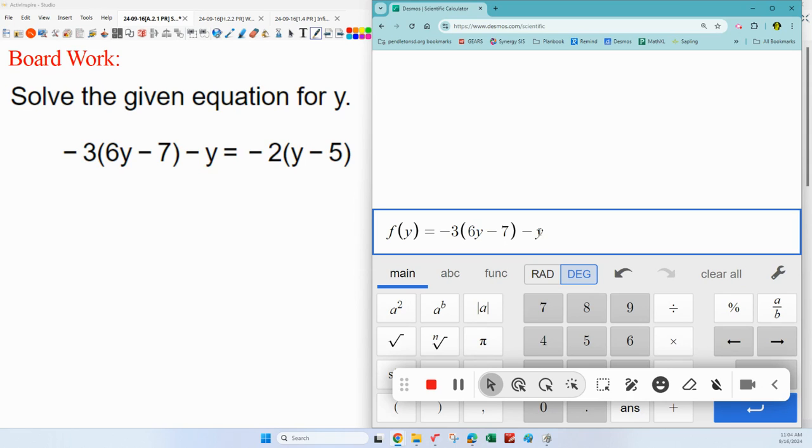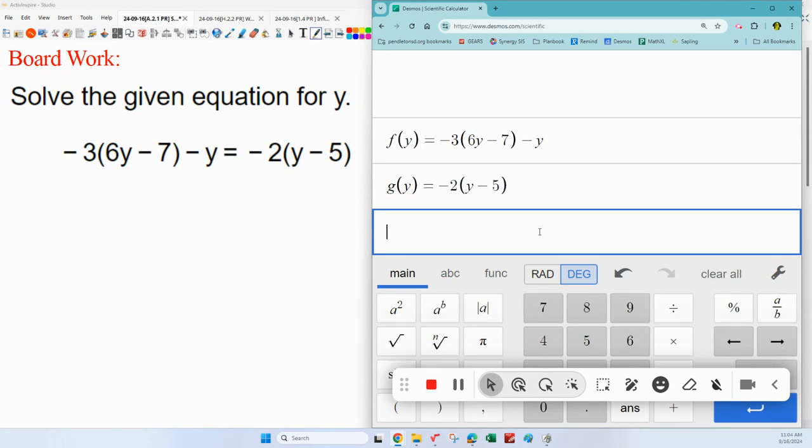Because it's on the left. F of y is the expression on the left side of the equation. What else do I need to do? There you go. G of y is going to equal everything on the right, which is what? There you go. -2 times the quantity y minus 5.